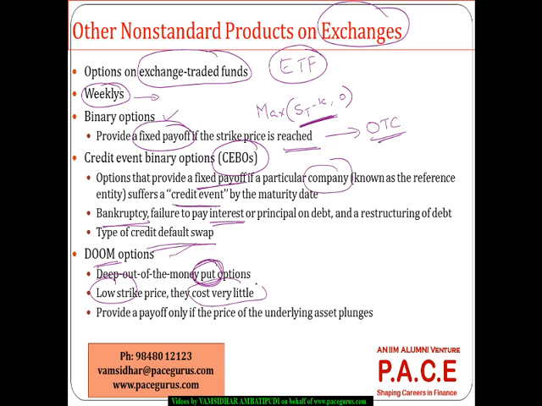So the chance of exercising is much lower, which means the premium would be much lower. The cost of that option is much lower. The major intention of a doom put option is that in case there is a stock market crash altogether, the underlying asset dooms like anything, this option is going to provide a decent payoff.